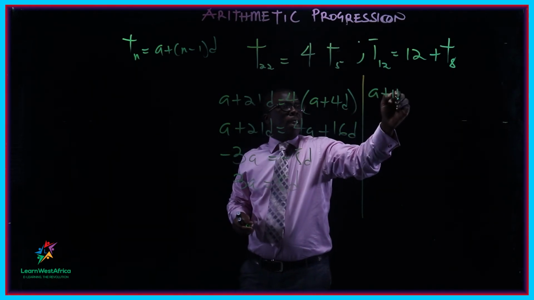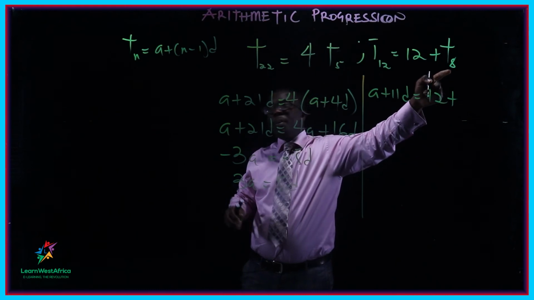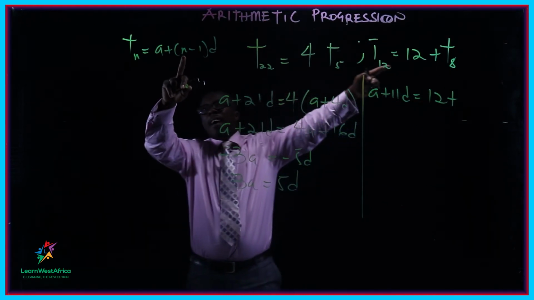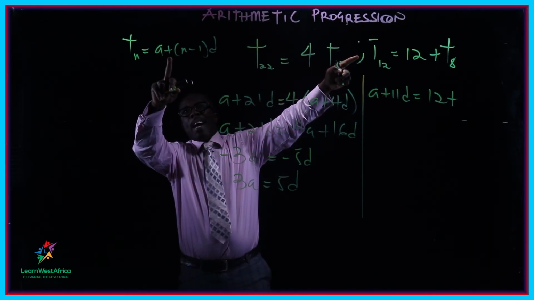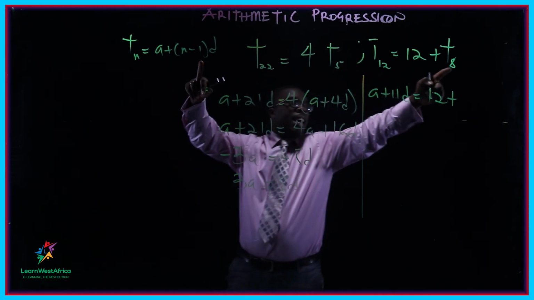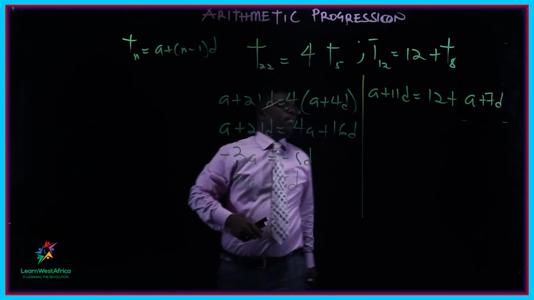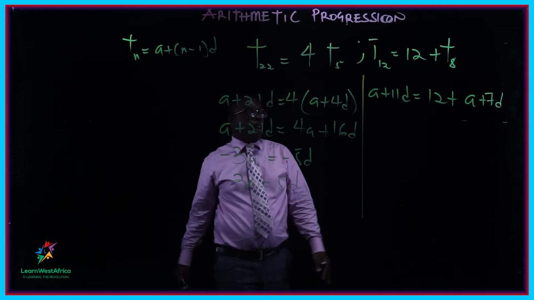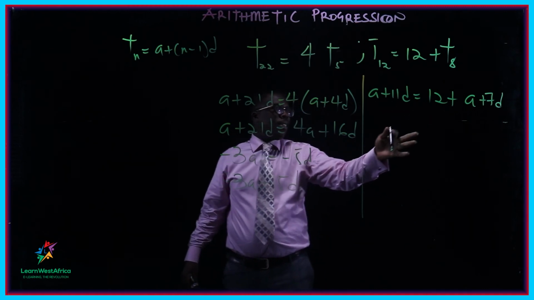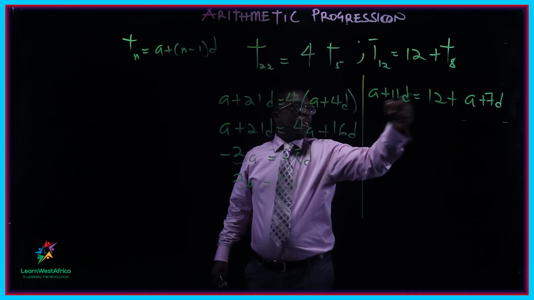A plus 11d equal to 12 plus, what will be T8? If we were to put 8 here, you're going to get a plus 8 minus 1 d. That is a plus 7d. So T8 will be a plus 7d. Okay. Now, if you were to simplify all of that, I'm sure the a will cancel out.